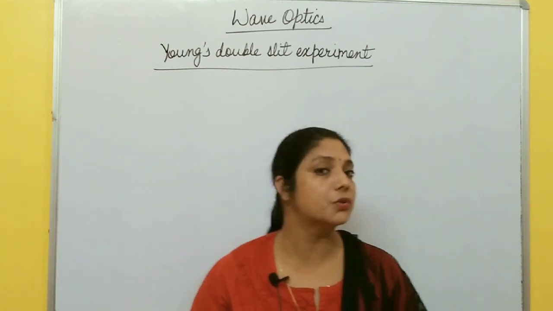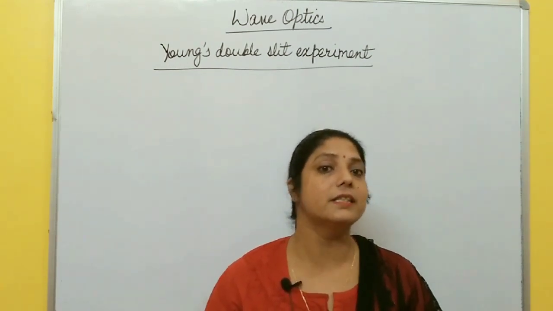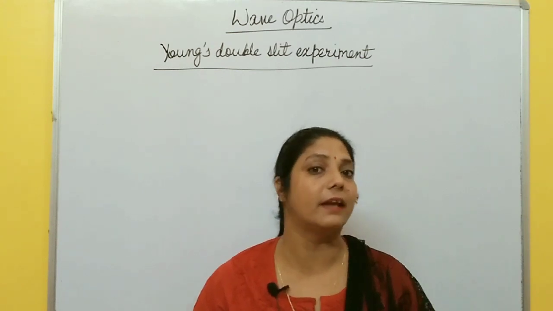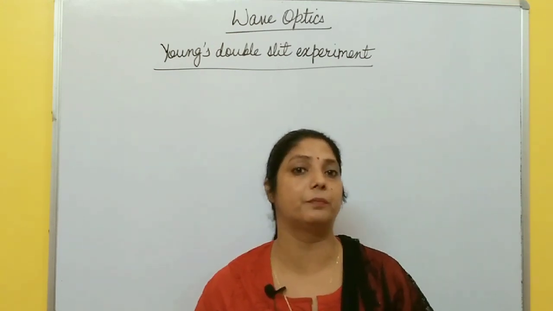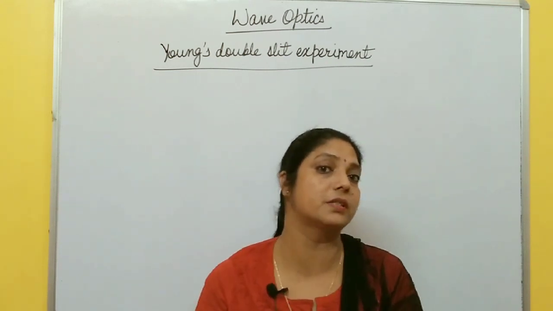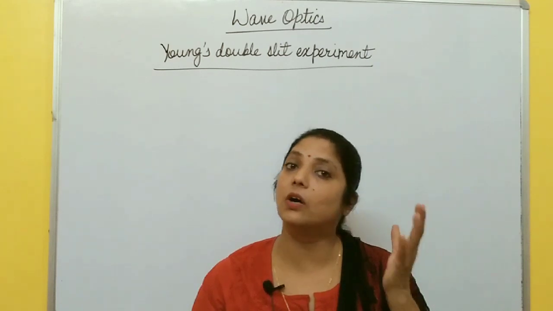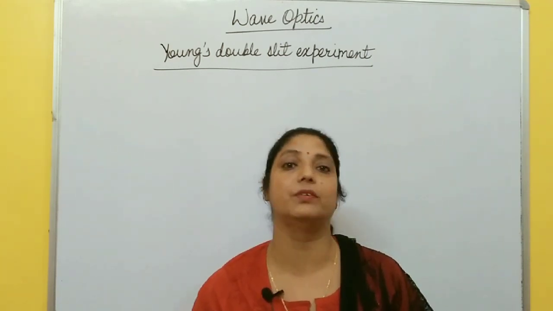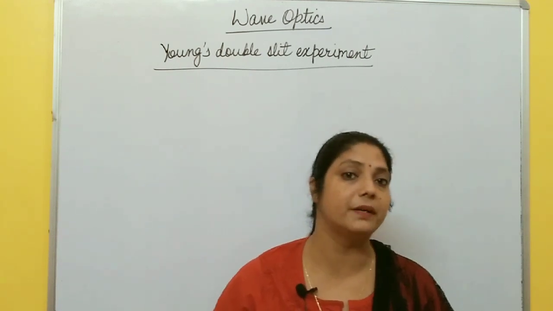But you also know that emission of light is an atomic phenomenon, which is very random and rapid. So it's not possible for two independent sources to be coherent, because there is no constant phase difference between the two independent sources. Then how do we produce coherent sources?